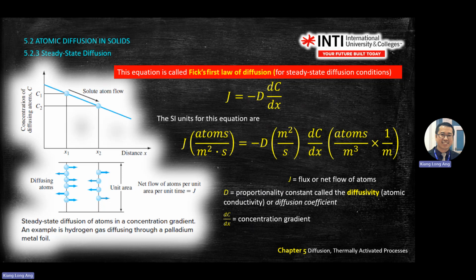C, concentration, is atoms over meter cube. dx is meter. If you multiply these, the squares cancel and you get the unit. This is called dimensional analysis.